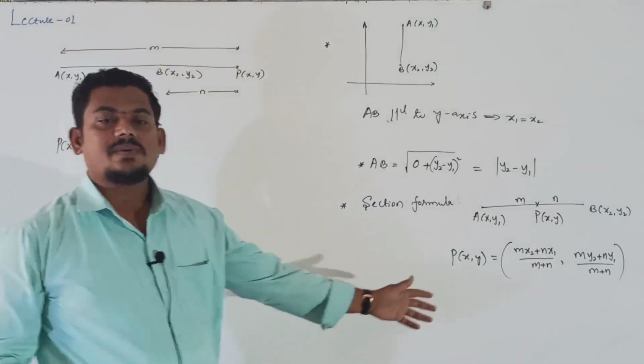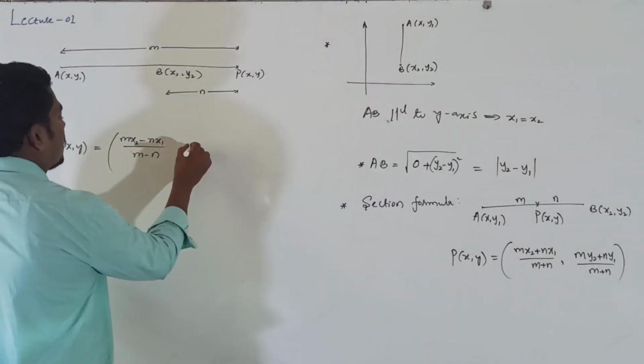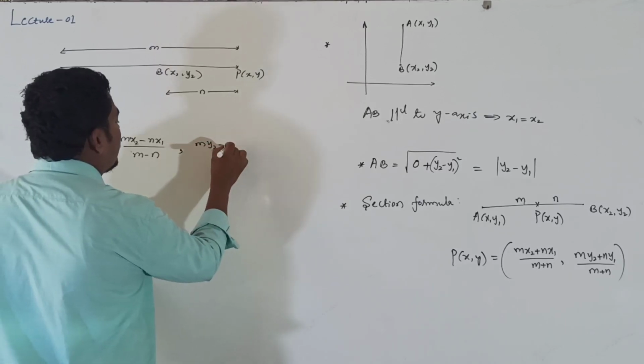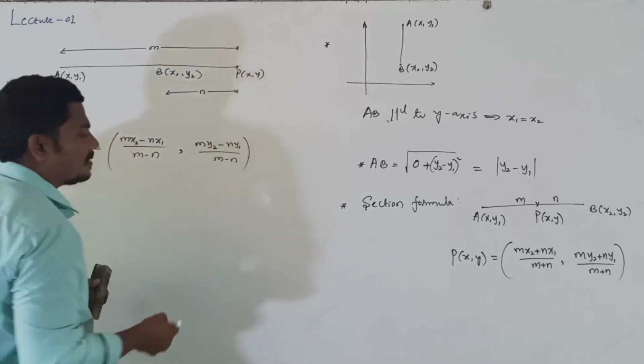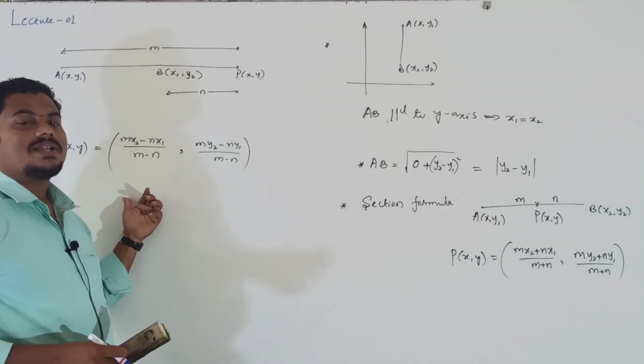For internal division, the middle sign is plus; for external division, the middle sign is minus. Comma, my2 minus ny1 divided by m minus n. This is the section formula for external division.